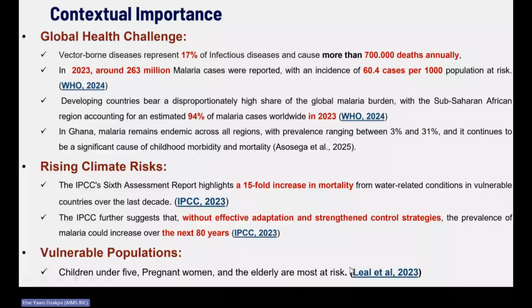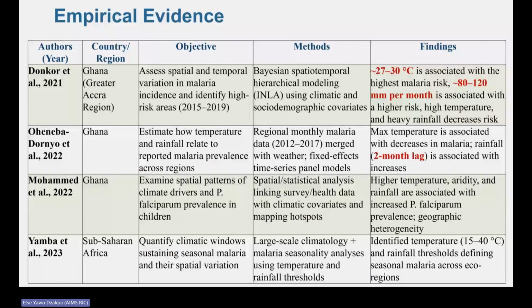This gives us an idea to come up with some solution. But before coming up with a solution, we checked the existing research on climate and health, some empirical evidence, basically in Ghana and in sub-Saharan Africa.